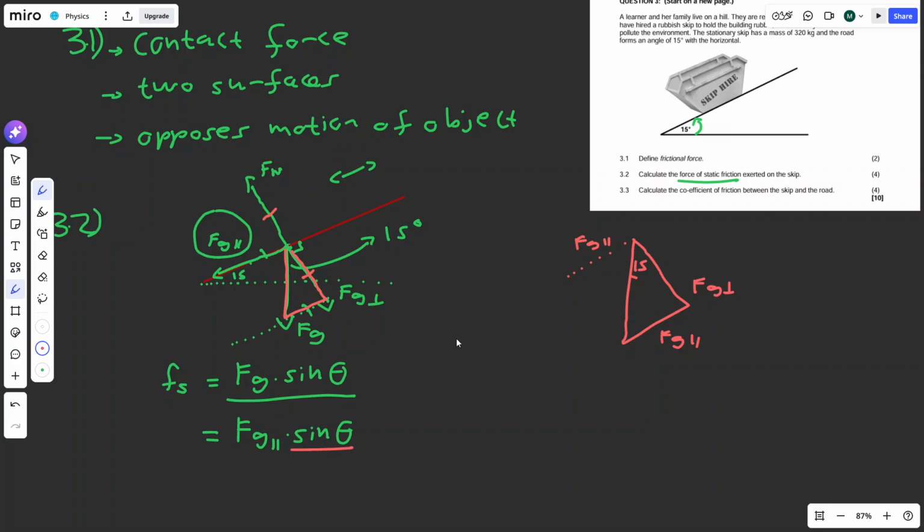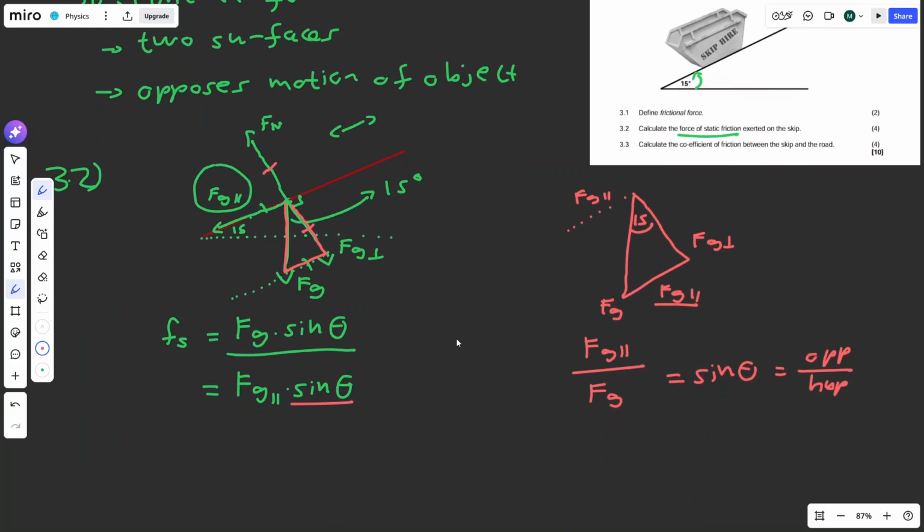Now you can clearly see that Fg parallel is opposite to our angle, and our hypotenuse will be Fg. So Fg parallel divided by Fg is equal to sine of theta, because relative to our angle, we have the opposite, which applies to Fg parallel, and the hypotenuse, which applies to Fg. That's how we're able to derive sine of theta.